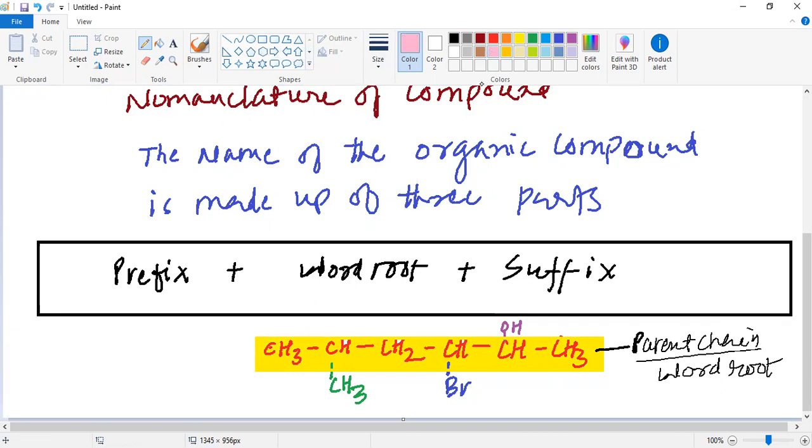Now if you look into this part, my dear students, this part is known as a functional group. And from this functional group part, the suffix comes.